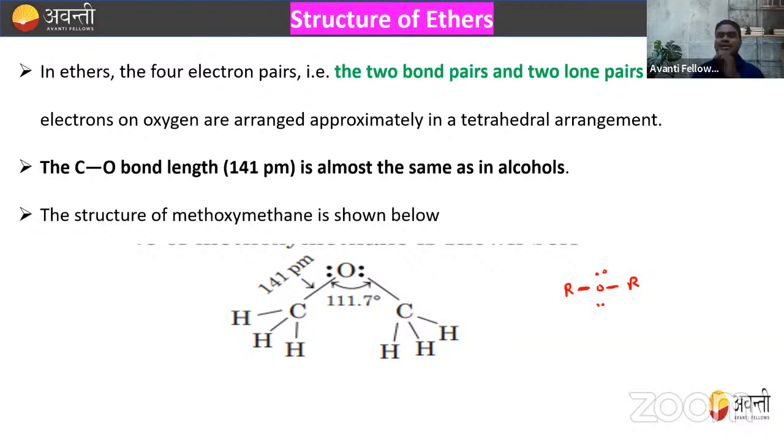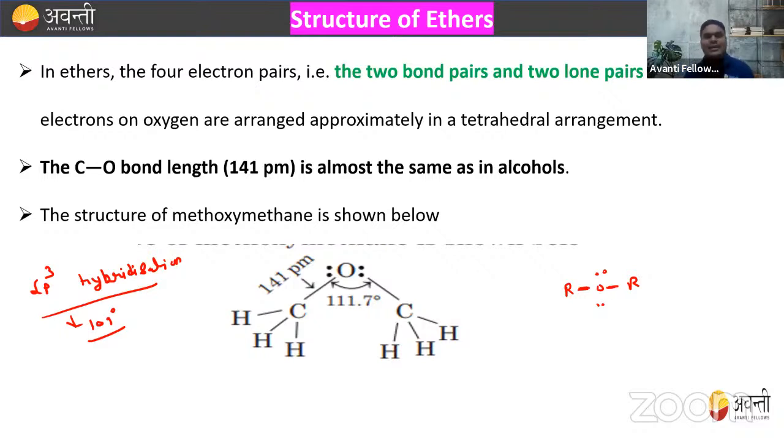So why is the bond angle 111 degrees? Because we know that in the case of sp3 hybridization, or tetrahedral, the bond angle is supposed to be 109 degrees.